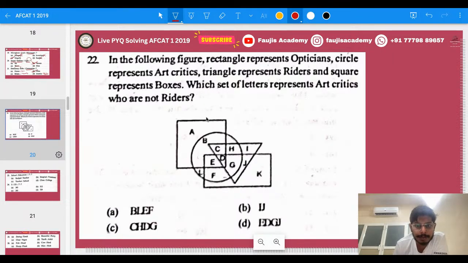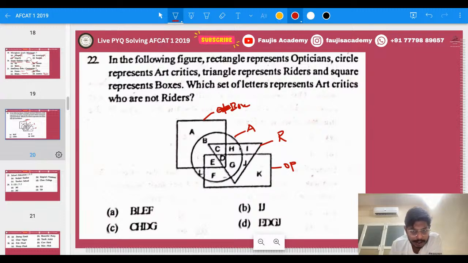Rectangle represents opticians. Circle represents art critics. Triangle represents riders. And square represents boxers. Which set of the letter represents art critics?